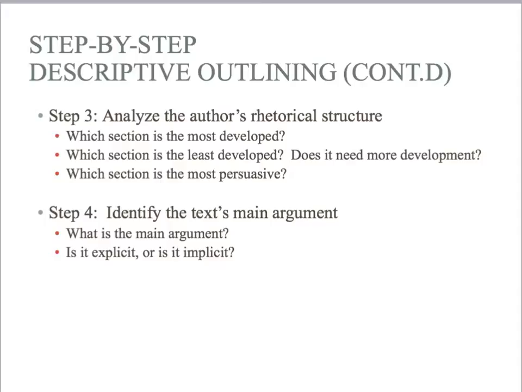Step 3, after you've done all of your does and says statements, is to examine each section by analyzing the author's rhetorical structure. Which of the sections is the most developed?